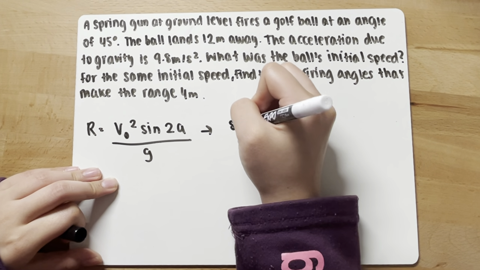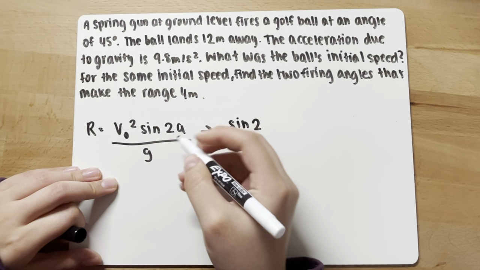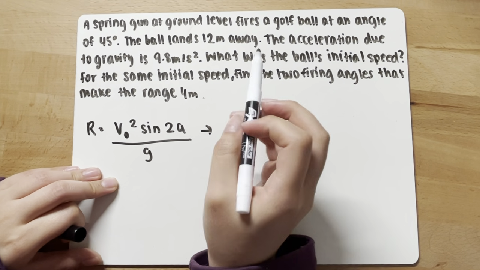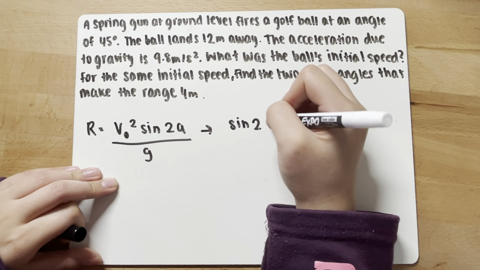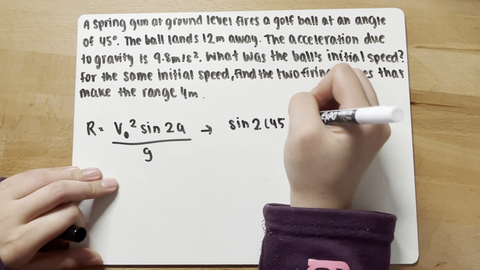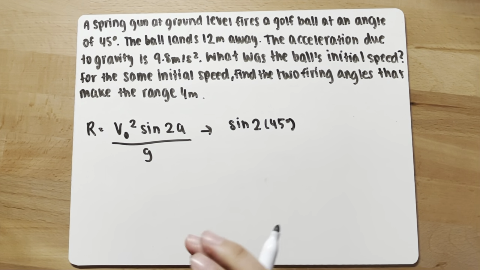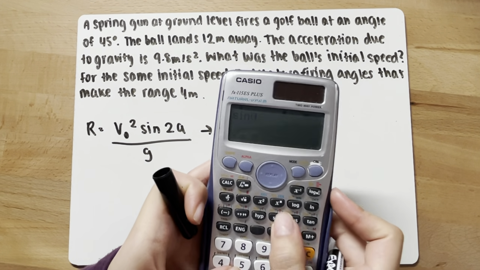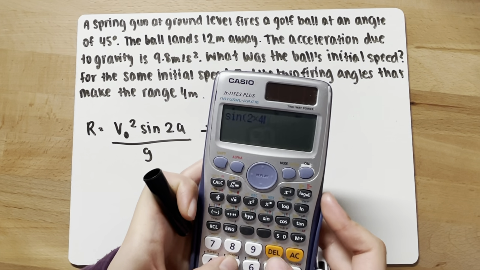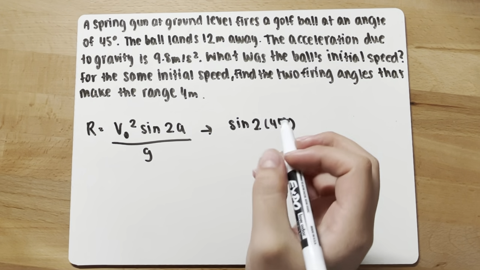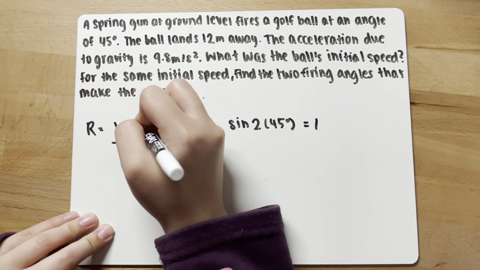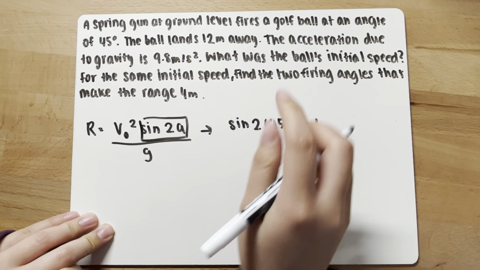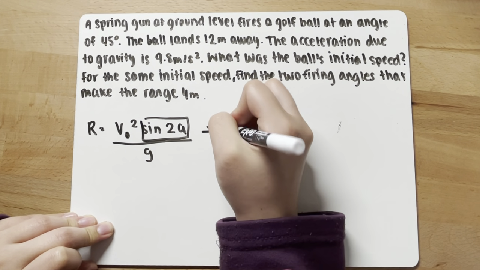So sine 2 times the angle, which is 45, it says over here it's 45. If we plug that into a calculator, sine of 2 times 45, you get 1. So this is equal to 1.